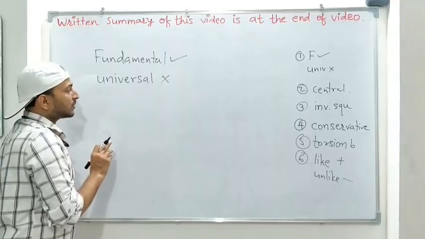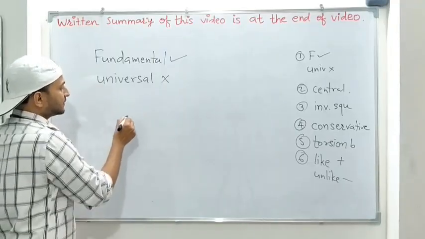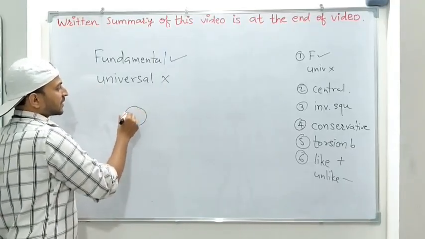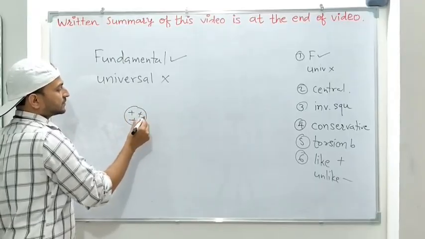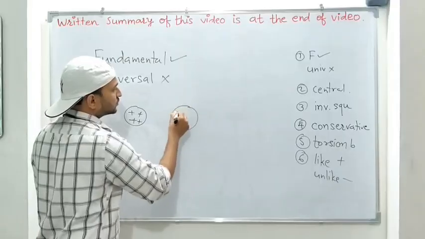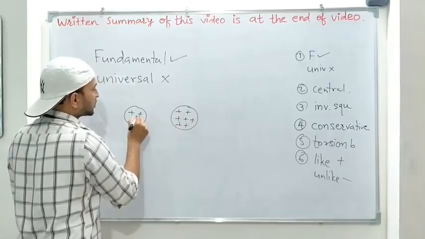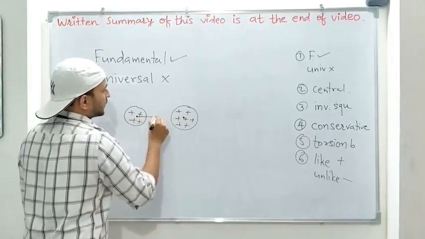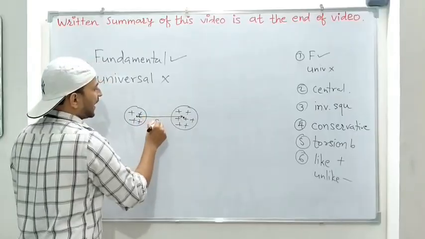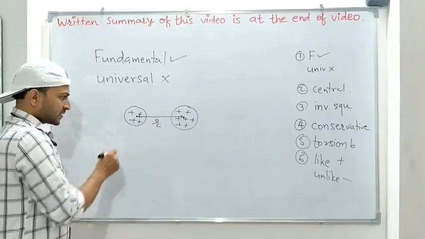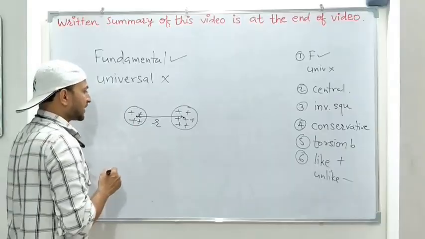But Coulomb's law is conditionally valid when charged bodies are massive, large, compared to the separation R between them. Such bodies are not called point charges.